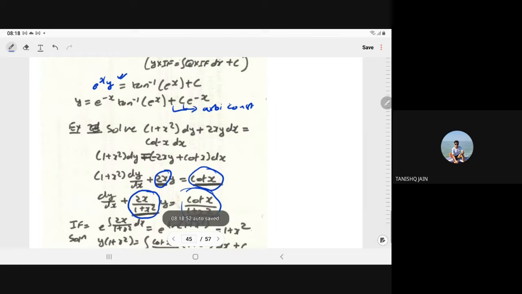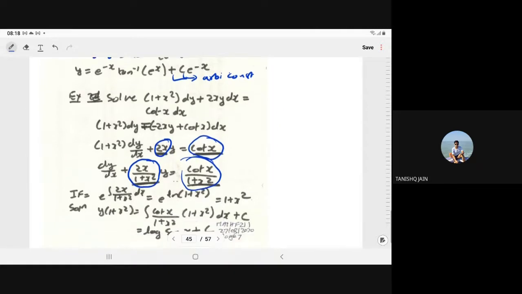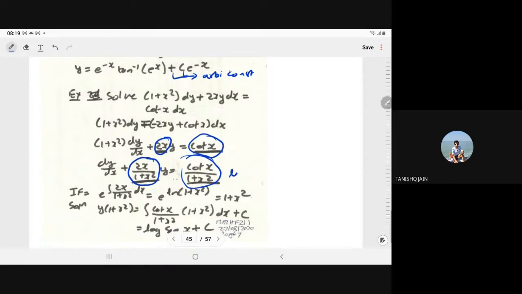Because the standard form is what? dy by dx plus P(x) into y is equal to Q(x). So now you can say this is the linear equation. When we have the linear equation, the integrating factor will be what? E to power integral 2x upon 1 plus x square dx. Right?